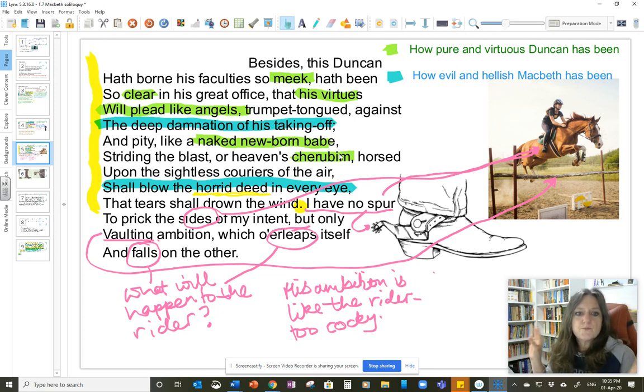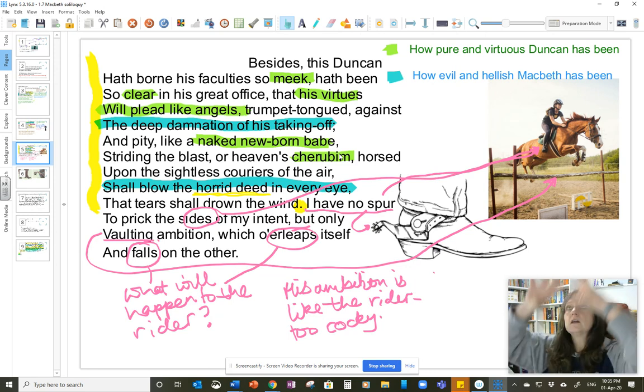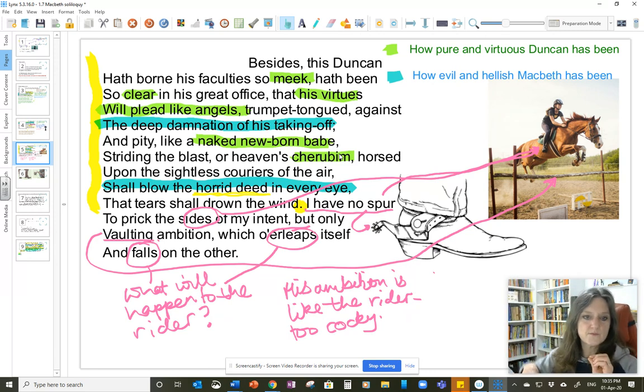So a little kind of baby angel, a cherubim who you see on the ceilings of great big cathedrals and things like that. Heaven's cherubim are going to ride a horse into the air to tell everyone about the horrid deed that Macbeth has done.